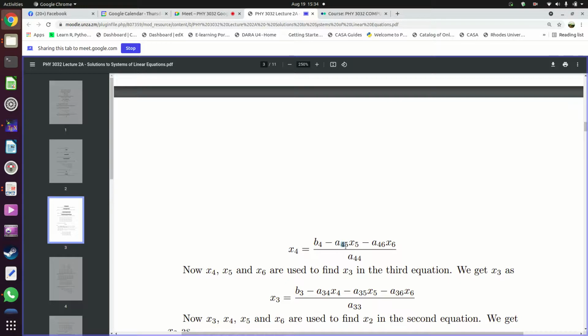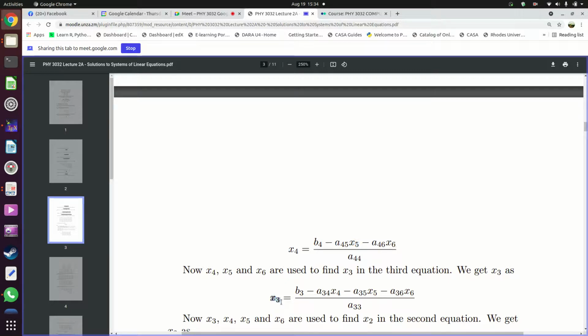Then after that you have your column, which will increase by 1. So here you're going to have 5, then x5, then minus a46 x6, like that, up to whatever number of unknowns you have.